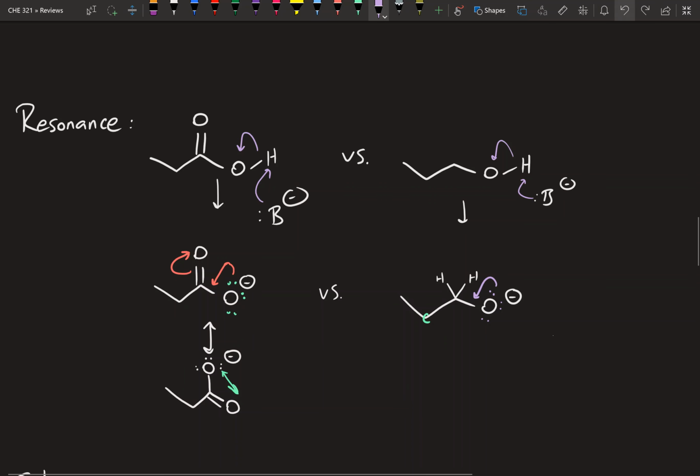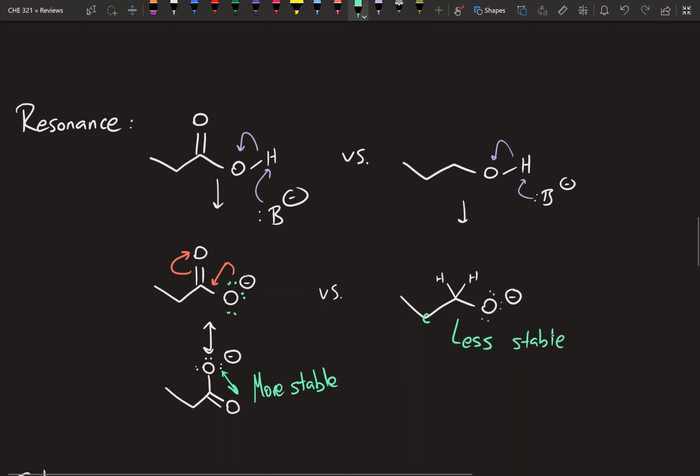That means all those electrons are going to be confined to that one oxygen atom and are not going to be spread out. Comparing these two conjugate bases, this one is going to be more stable because we can delocalize the electrons, and this one is going to be less stable because we cannot.